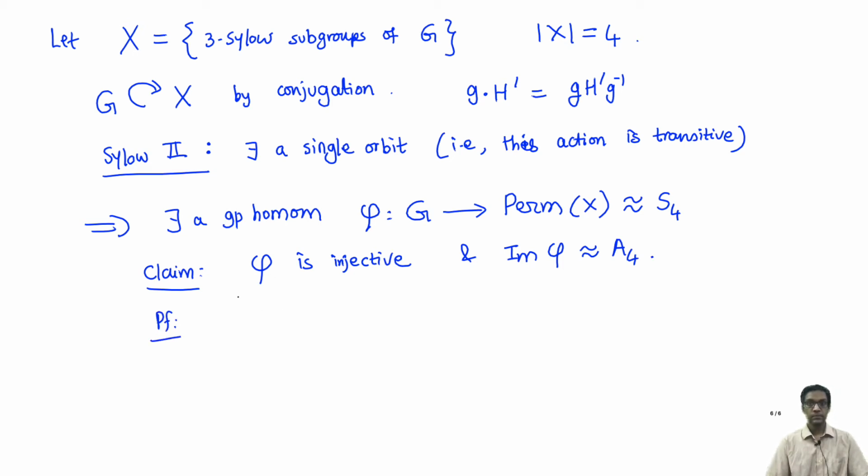Recall from the problem that we did last time, in the earlier problem session, that we actually know how to compute the kernel of this homomorphism phi. When you have a group action and you consider the corresponding homomorphism, the kernel of that homomorphism, we said, is nothing but the intersection of all the stabilizers.